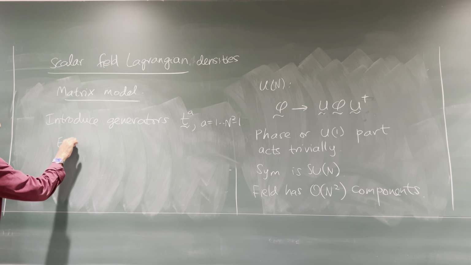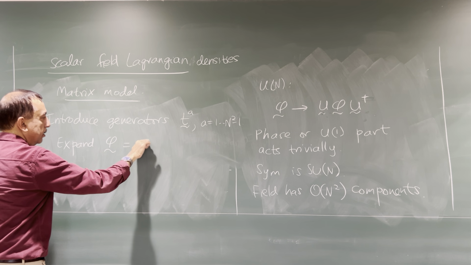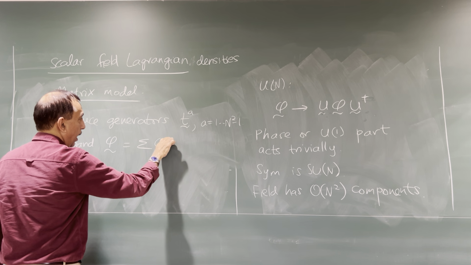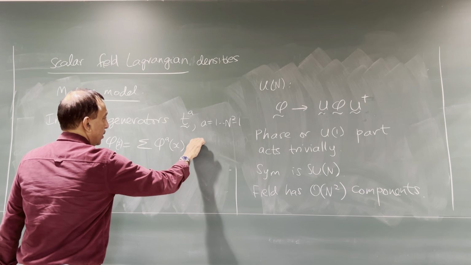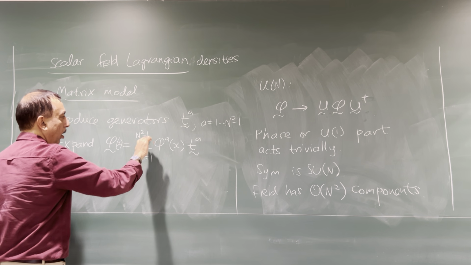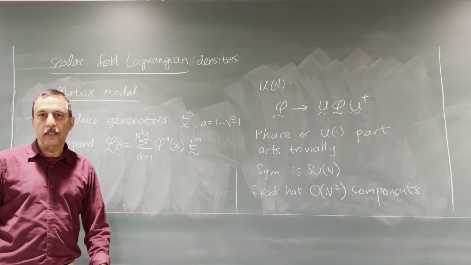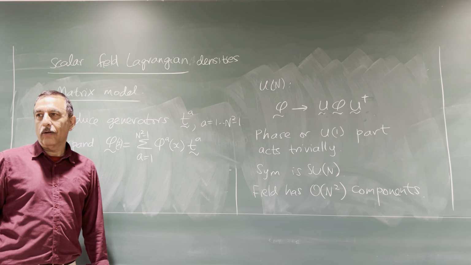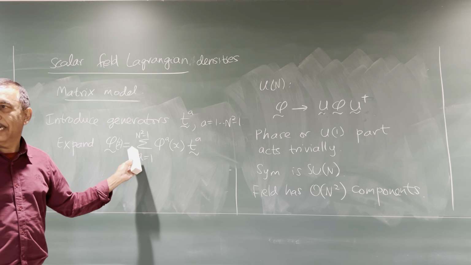So now we can expand phi, the matrix, as summation phi^A, which are again fields, times T^A, summed over A from 1 to n squared minus 1. Okay, we can always make such an expansion, and we can also find out the phi^A's if we are given the matrix by inverting this.